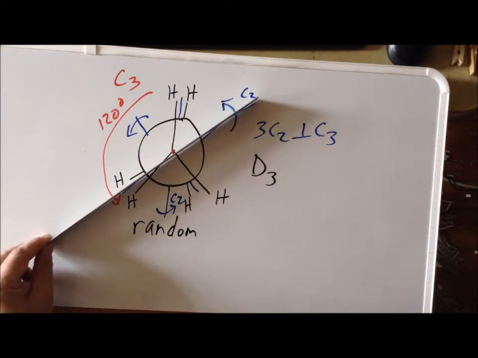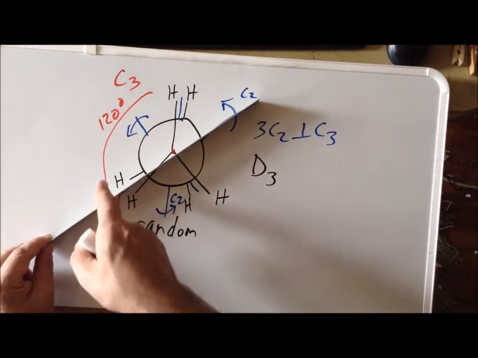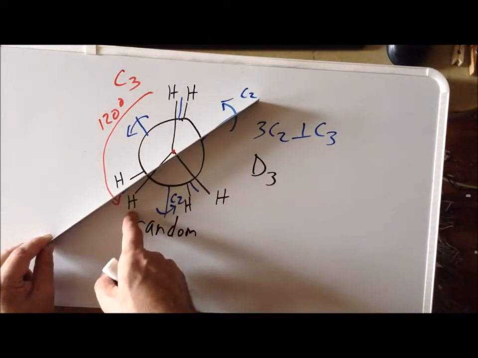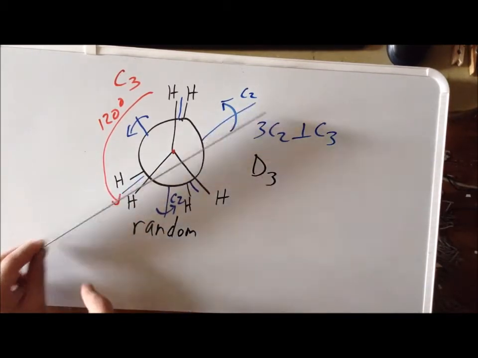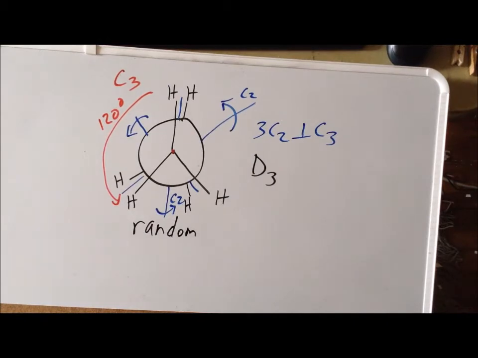And I notice that if I do this, there's a hydrogen here and a hydrogen there, but this one's in front, and it would get reflected to a hydrogen in front, not behind. So we don't have any dihedral mirrors. Since we have no dihedral mirrors and no horizontal mirrors, that tells us that we have no mirrors. So therefore, the final point group assignment for the random conformation of ethane is going to be D3.